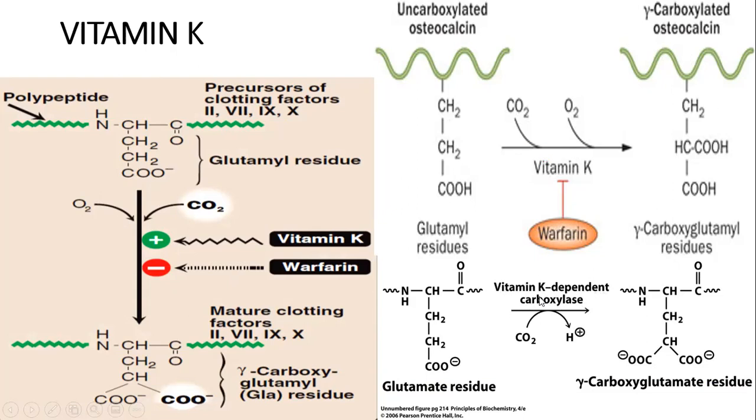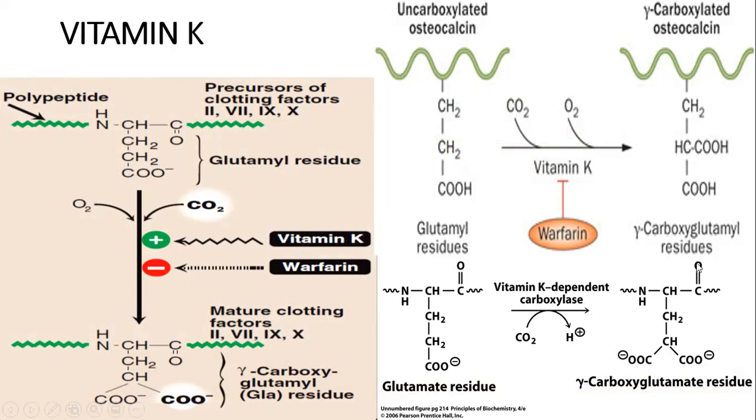So what does the vitamin K dependent carboxylase enzyme do? It creates an additional carboxylate group. As you can see here, in the precursor there's only one carboxylate group, COO negative. But when it's activated by this enzyme, there would be two carboxylate groups now.